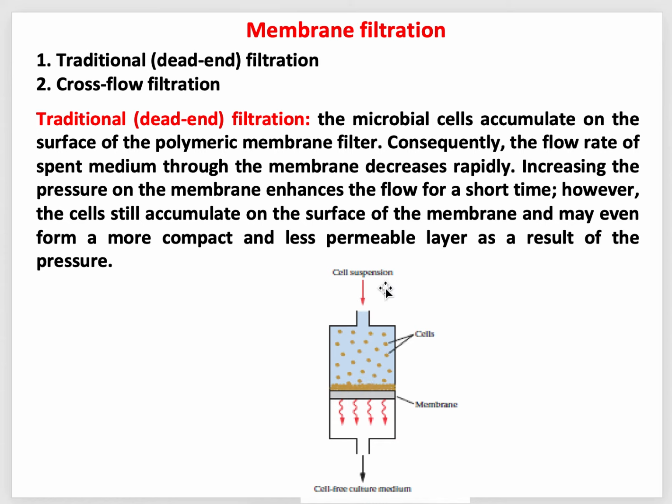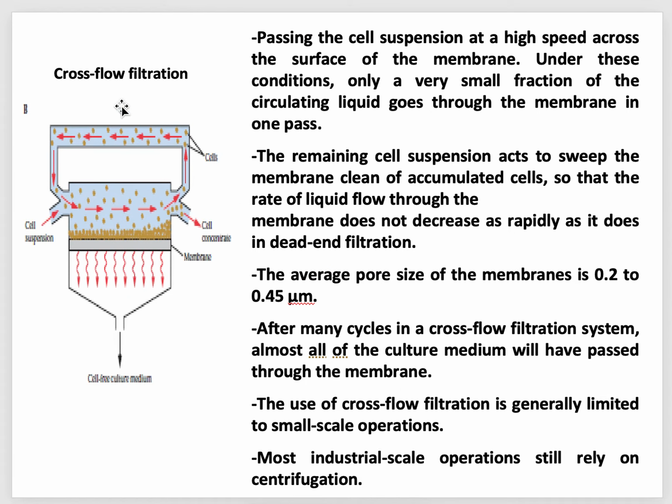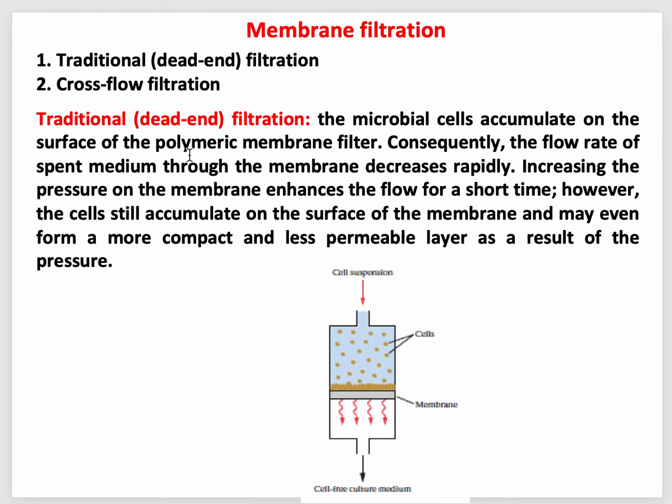If we increase the pressure of the media flow, then maybe the flow rate can be increased, but soon it becomes clogged, and the separation stops. However, if we use a cross flow filtration system instead of the traditional dead-end filtration system, we can overcome this problem to some extent.